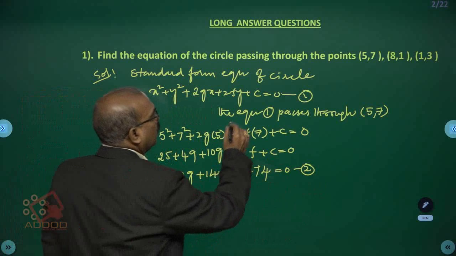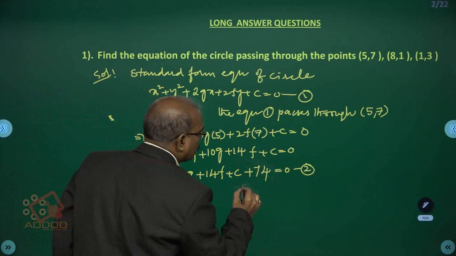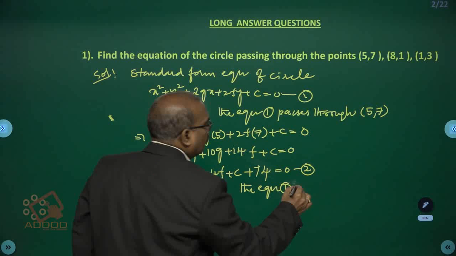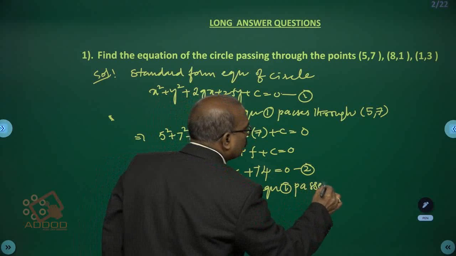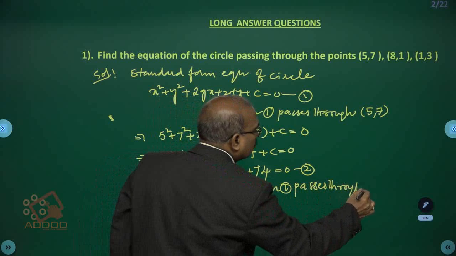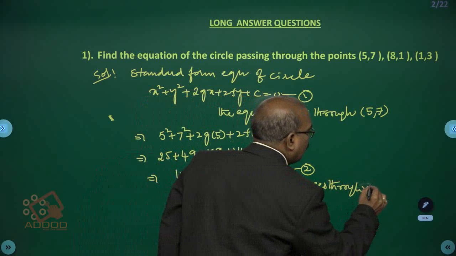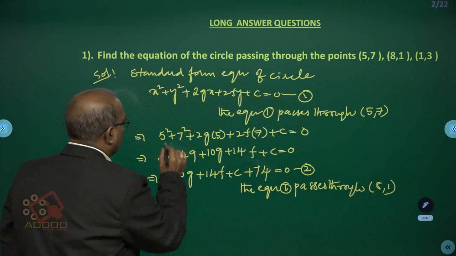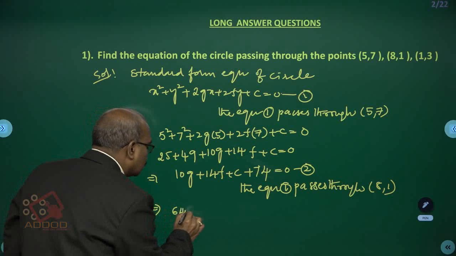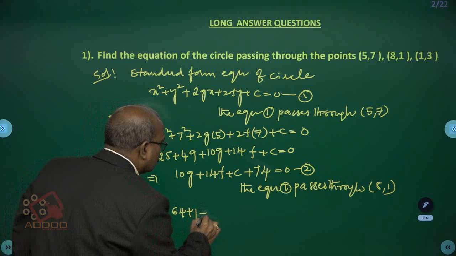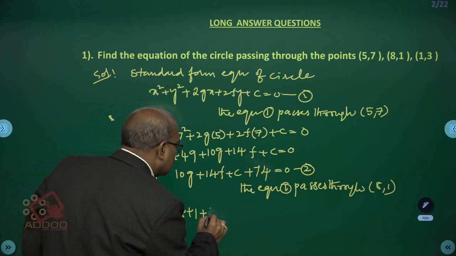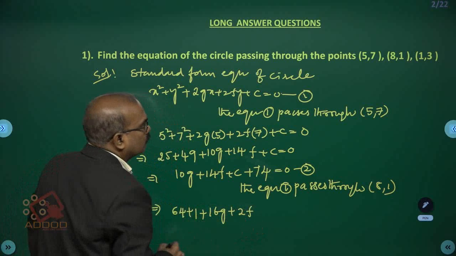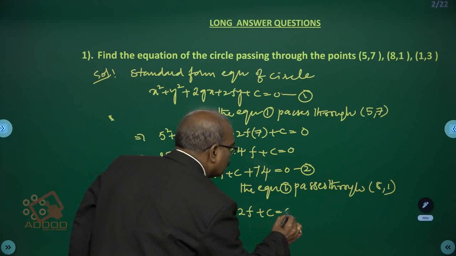Next, equation 1 also passes through (8, 1). So that is 64 plus 1 plus 16g plus 2f plus c is equal to 0.